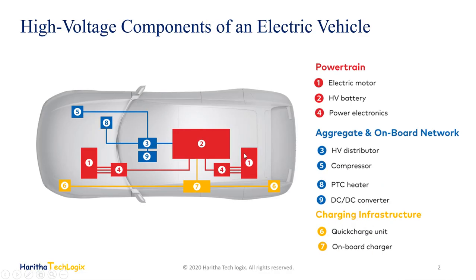So basically, all these components come under the high voltage component classification in a high voltage electric vehicle. I'm just repeating the condition again. Any electric or hybrid vehicle component having a working voltage greater than 60 volt DC and less than or equal to 1500 volt DC, or greater than 30 volt AC and less than or equal to 1000 volt AC will fall under high voltage.